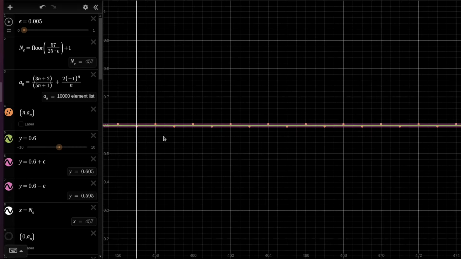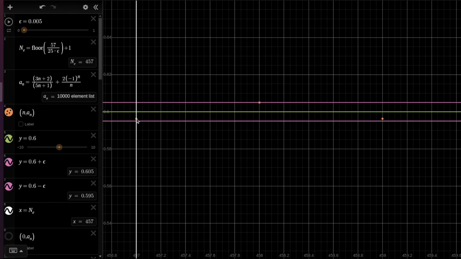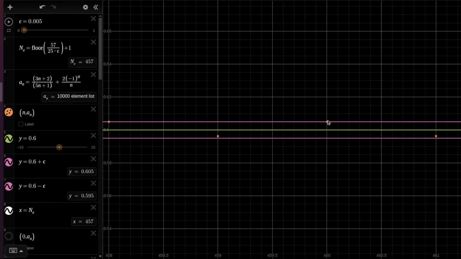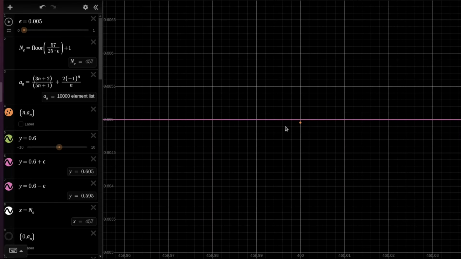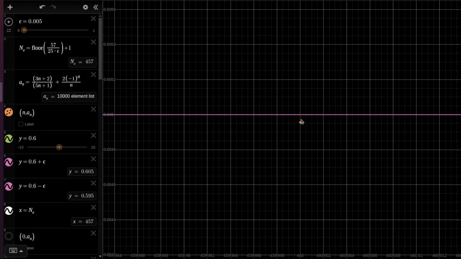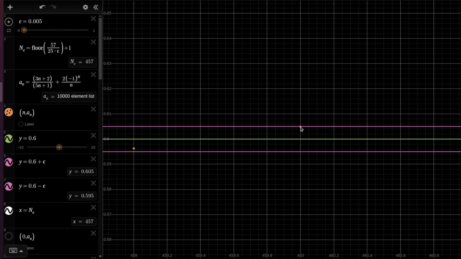So we see here that if we actually zoom in over here, this sequence element and all consecutive sequence elements fall between those lines, which means that their distance from the limit is as desired. And if you have doubts about this point, let me convince you by zooming in, actually showing that it's drawing it. It's just plotting a fat point, but in fact this point is below this threshold. So it holds, and it works for absolutely every epsilon.